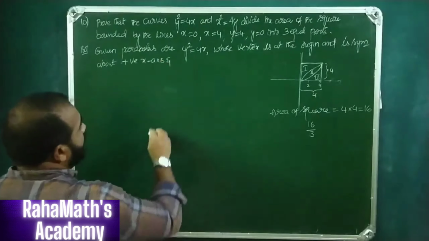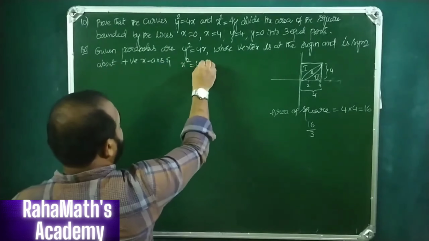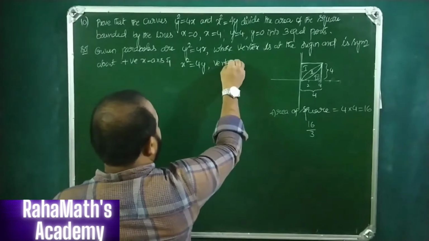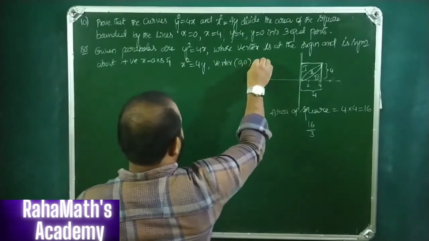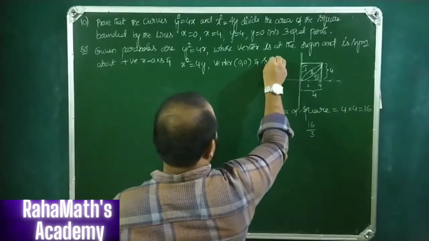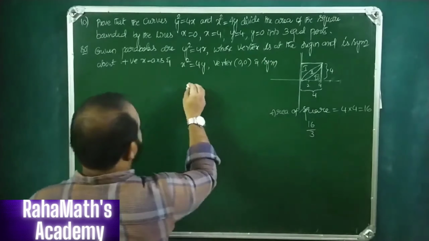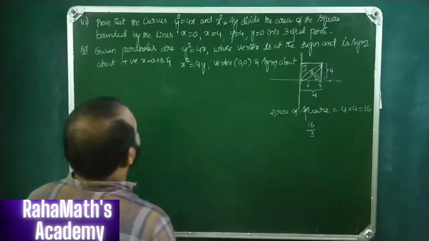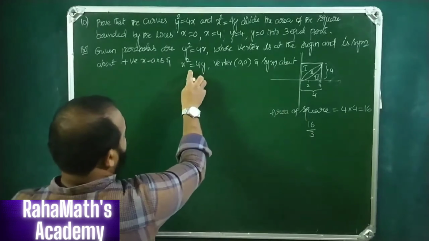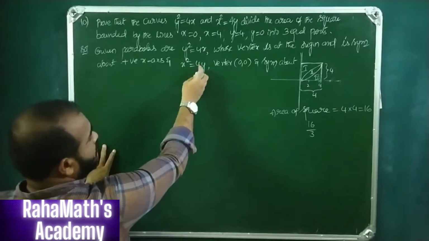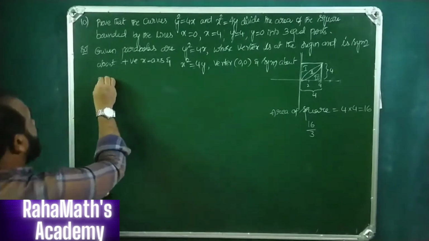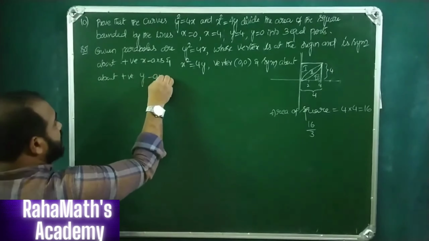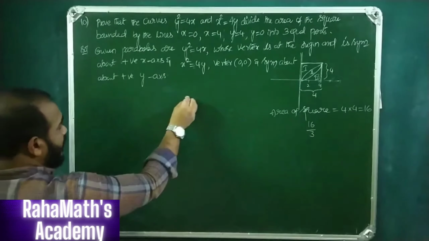And x square equals to 4y, whose vertex is again at the origin, and x power even, symmetric about the y axis, positive y axis. So let us try to draw the diagram now.